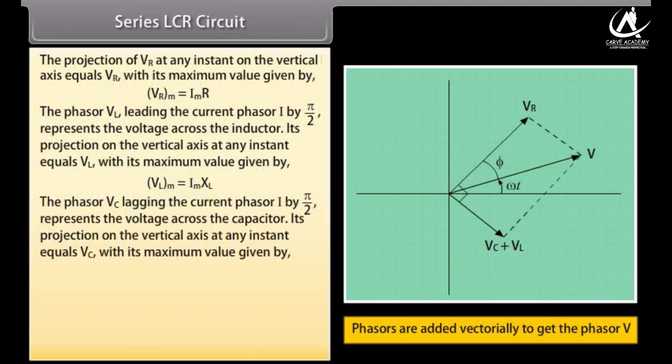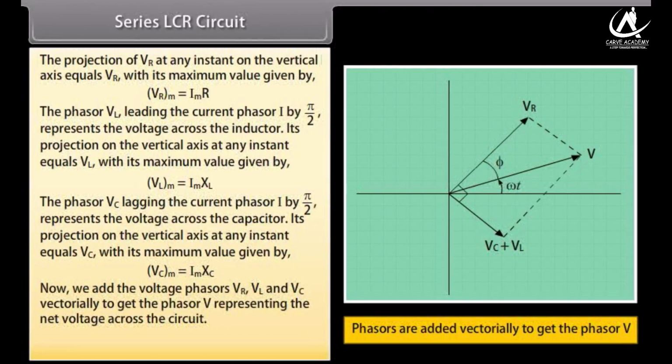The phasor VC lagging the current phasor I by pi by 2 represents the voltage across the capacitor. Its projection on the vertical axis at any instant equals VC, with its maximum value given by the product of Im and XC.